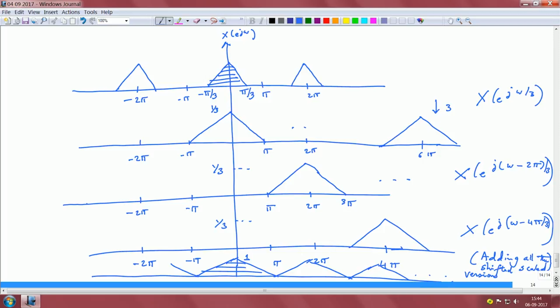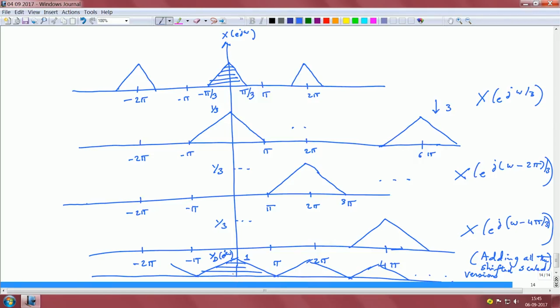And basically you add all the copies together, and once you add all the copies, this is what you have at the output of the downsampler. This is your Y_d(e^{j omega}).